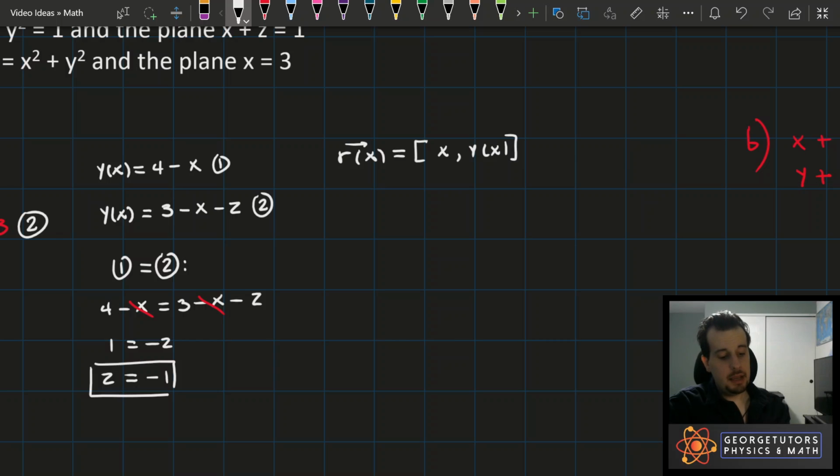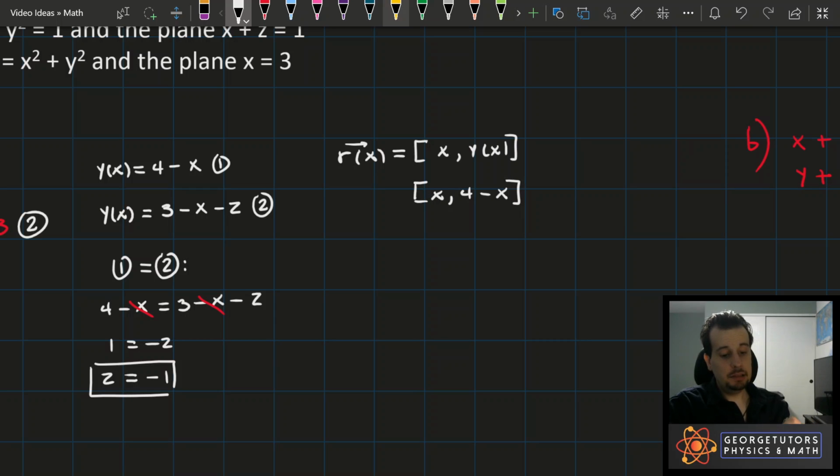Because again, x is the independent variable right now that I vary, and y is the one that is dependent on x. So I can write my r of x with an x component equal to the independent variable and a y component equal to the dependent variable. So over here, if I plugged in what y of x is, it would be 4 minus x.